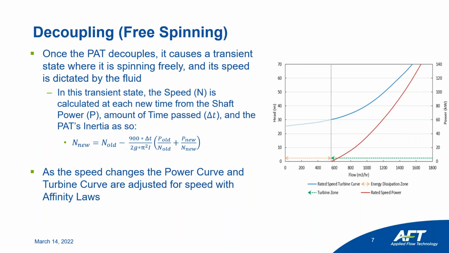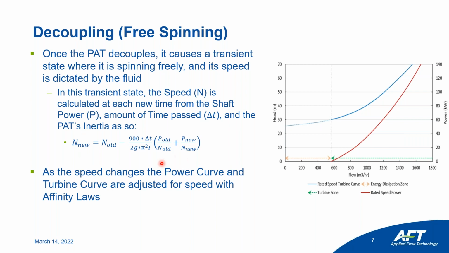So when your PAT hits that 0 power mark or lower and it decouples, it enters a state that we call free spinning. When the PAT is free spinning, the generator is no longer applying torque to keep it at that constant speed, and the speed of the PAT is directly affected by the fluid.